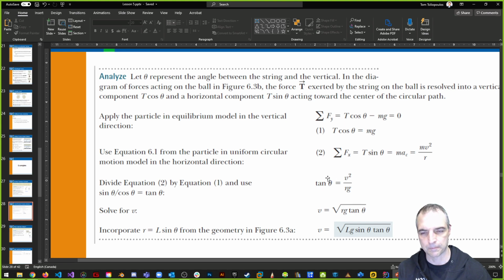We can reverse engineer the angle by getting the arc tangent of v squared over rg. And that would give us the angle, whatever that would be. For the speed, we take the square root of rg tan theta, right? If we wanted to find the speed.